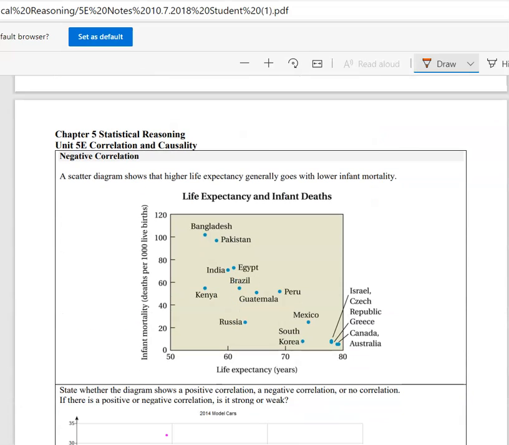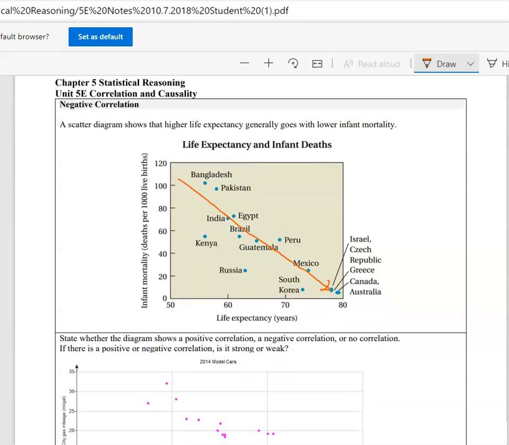Okay, a scatter diagram shows that higher life expectancy generally goes with lower infant mortality. If we were to come along here and draw a line of best fit, it may be something a little bit like this, okay, which is a negative correlation. You can see that the line is going down.